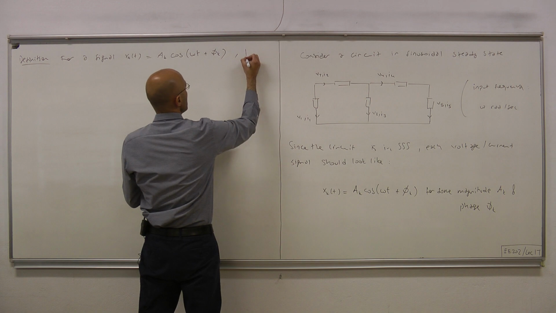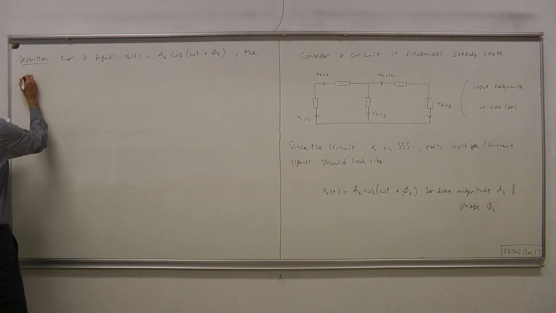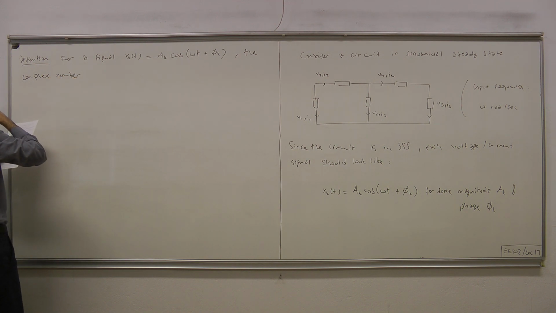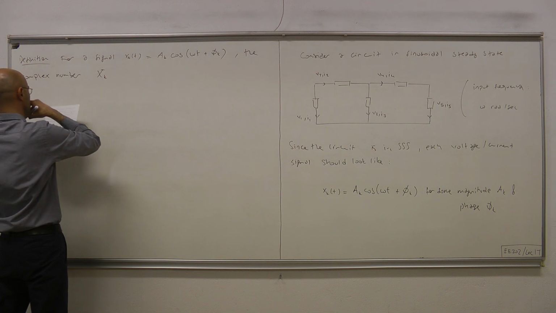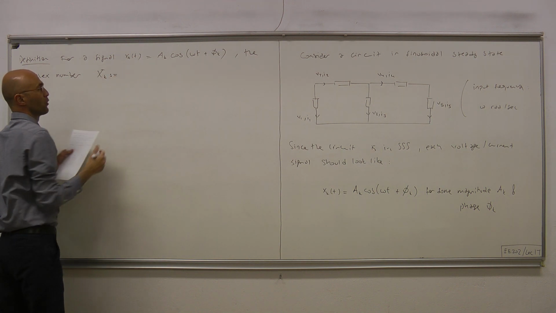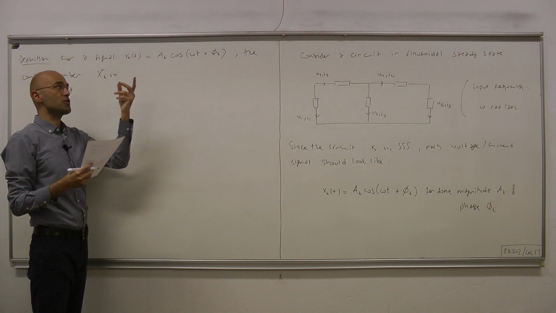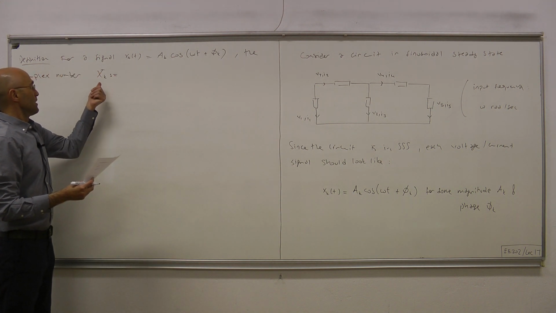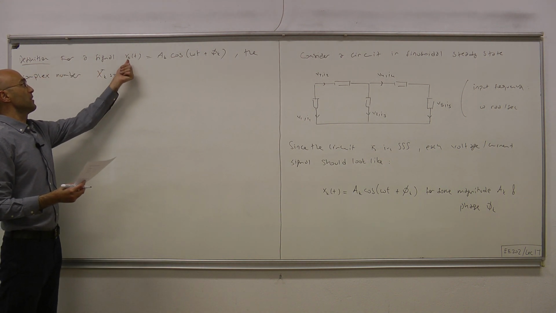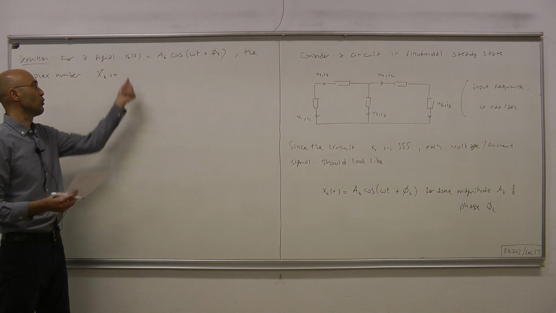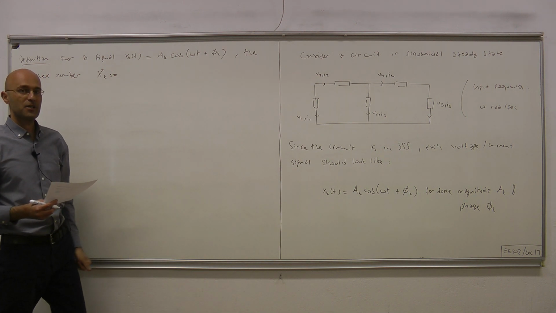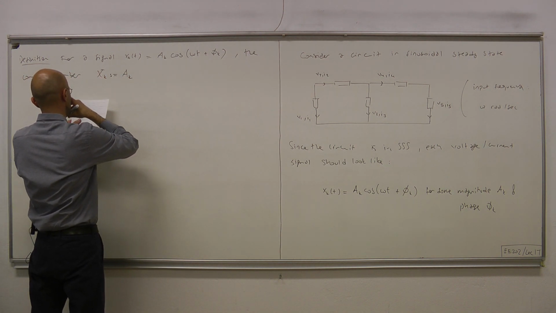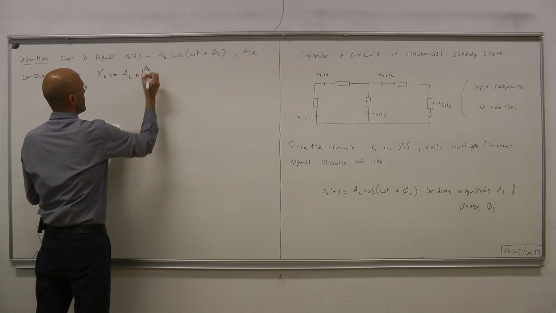The complex number capital XK, okay, that's our notation. This is lowercase, it's a function, and this is its capital XK representation. The difference between lowercase xk and capital XK is lowercase xk is a function of time, whereas capital XK is a constant complex number, constructed as ak e to the j phi k.